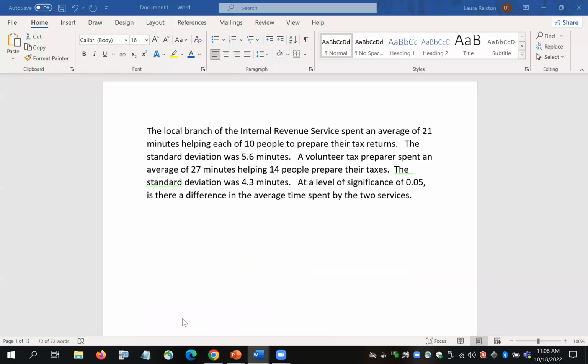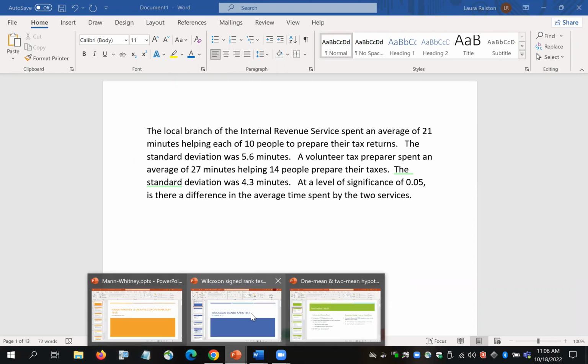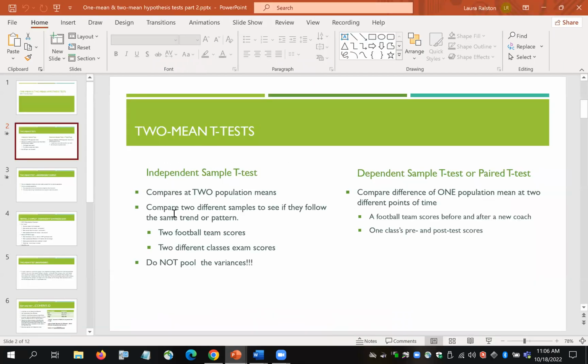And I want to begin with an example of a two mean independent t-test. Again, this is one that we covered last week, but I want to help you see the connection to Mann-Whitney. So remember, when we looked at the independent sample t, we recognize that we're doing that because it's going to compare two population means.